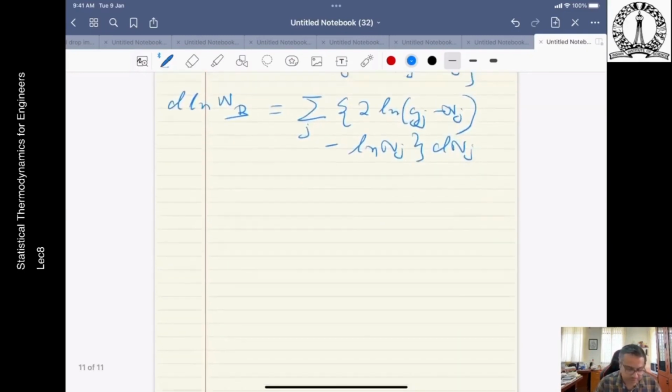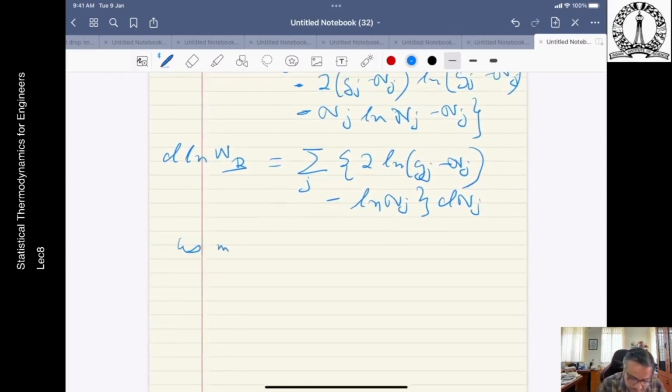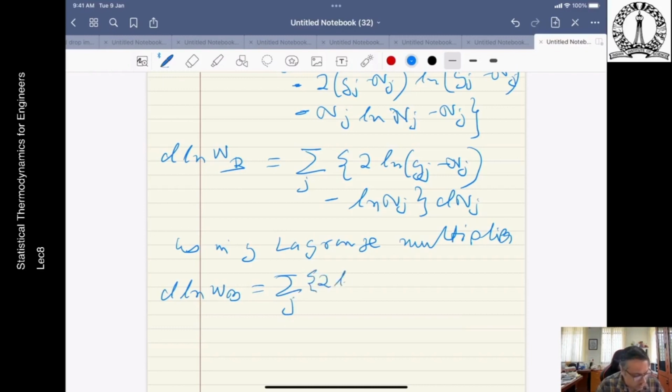dNj. Correct. Now there can be only one Lagrange multiplier in this case. So that is given as d ln Wb, sum over j, 2 ln Gj minus Nj minus ln Nj minus beta Nj dNj is equal to 0.